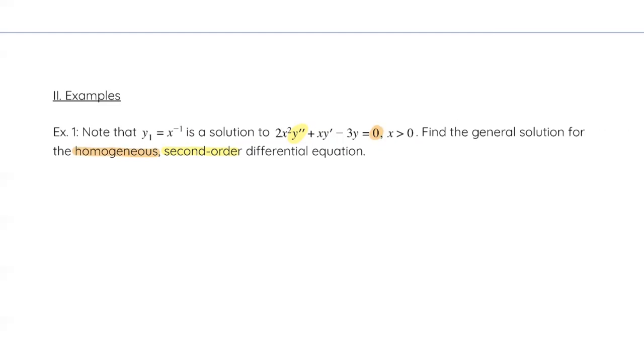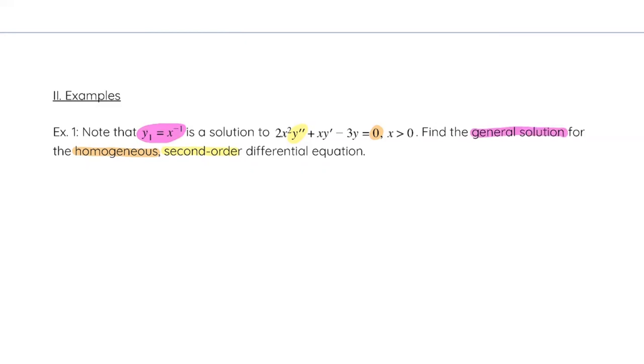All right. Now, let's say on an exam in 2.5 weeks or even on the homework, how do we know that we're going to be using the methods from section 4.2? Well, we are given one solution and we want to find the general solution.